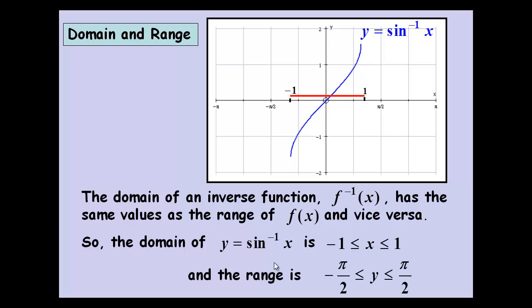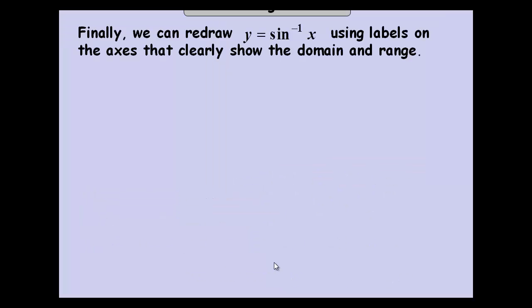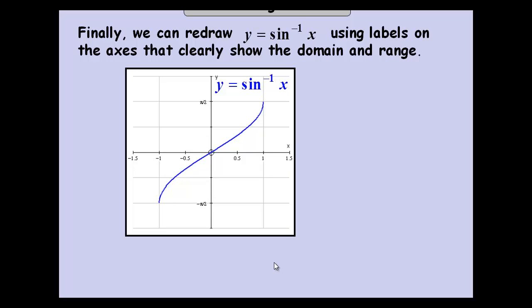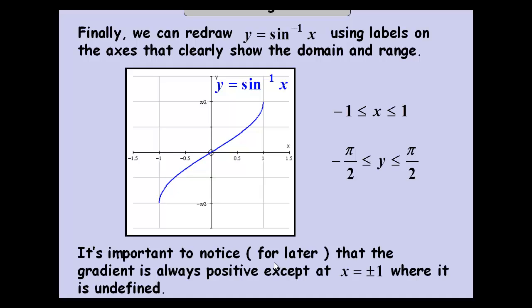And the range is between -π/2 and π/2, including those 2 points. There we are. So that is the graph showing the inverse sine of x. And we can see there that the gradient is always positive except at the points where x equals -1 and +1, where it's undefined.